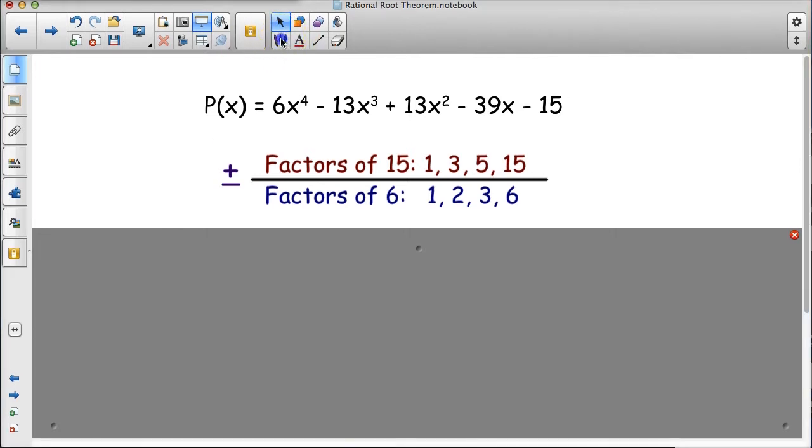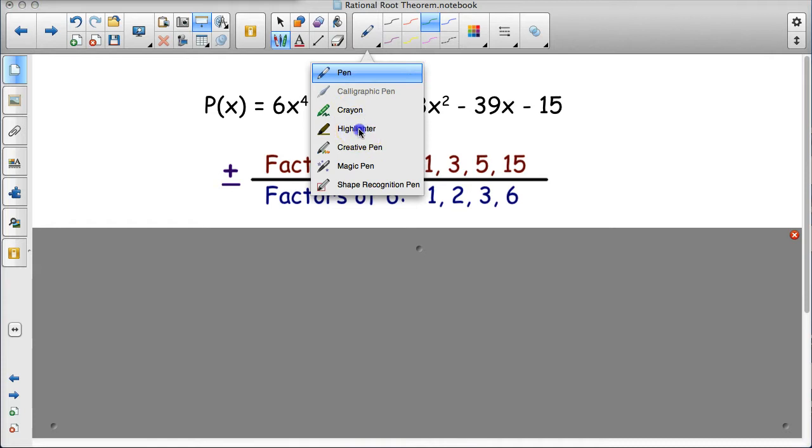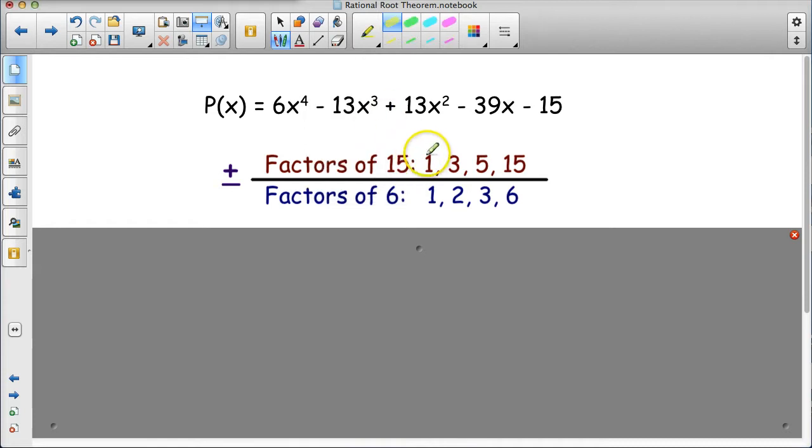What it means is that we can write some fractions. 1 over 1, 3 over 1, 5 over 1, 15 over 1.